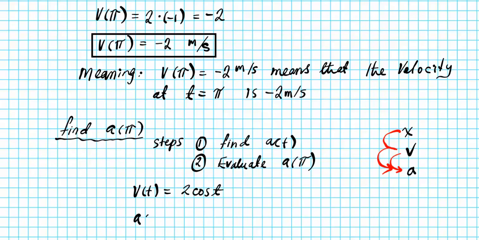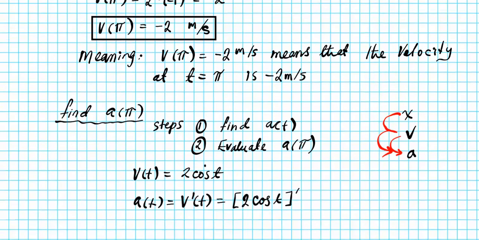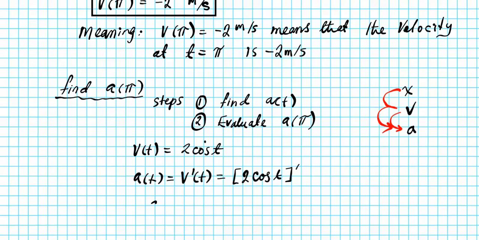Okay, so acceleration, a of t, is equal to the derivative of velocity. So we're going to differentiate 2 cosine t. Now, what is the derivative here? We're going to use the constant multiple rule, factor out the 2, and focus on differentiating cosine t.